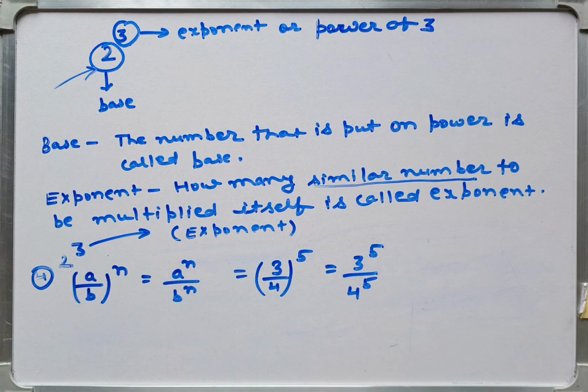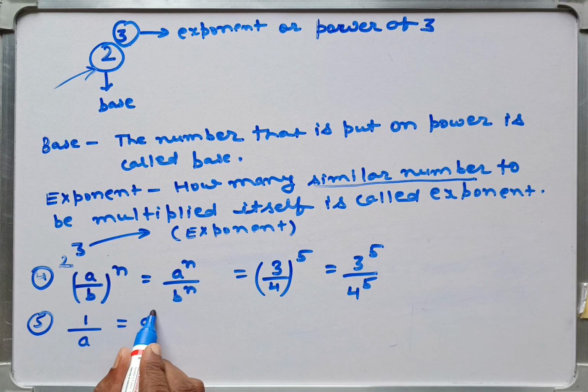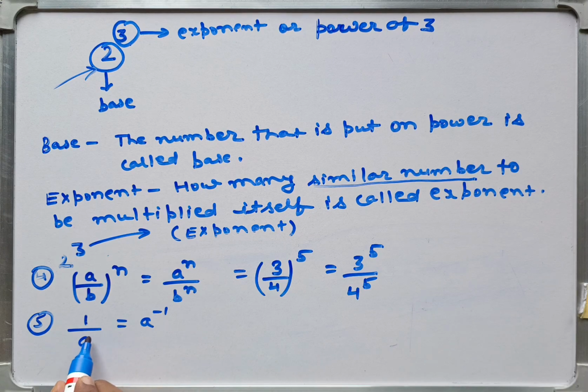The next one, the fifth one. Suppose a number is like this: 1 by a. You can write it as a to the power of minus 1. Why? Because when nothing is given, the power is 1. So this number will go up, then you can write it like this.